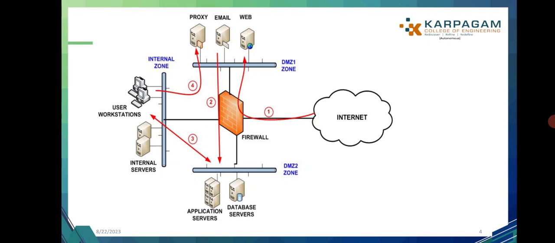Once the data reaches any of these servers, it will communicate with either the application server or a database server depending upon the requirement. Then this application or database server will transfer the data back to the internal network, where the user workstations, that is the end devices, or internal servers like the production server or a testing server are, right?